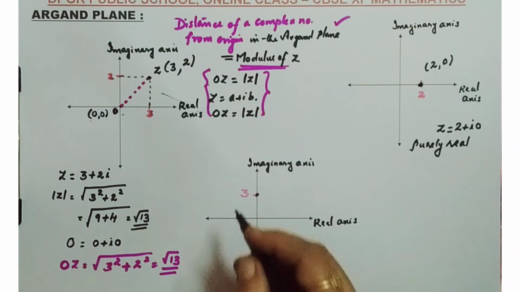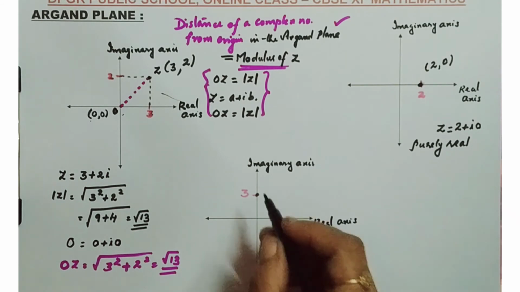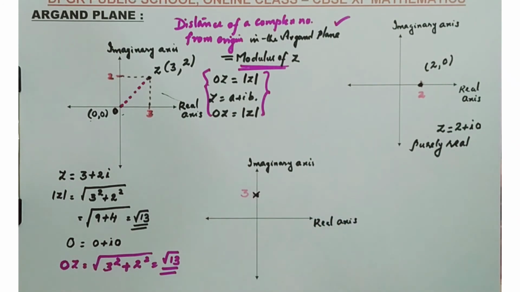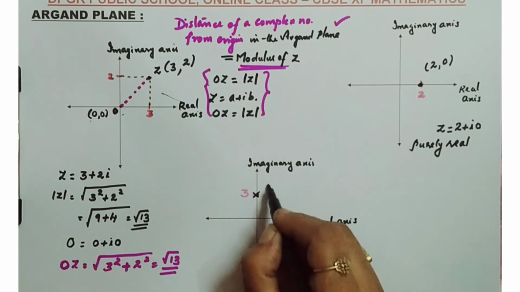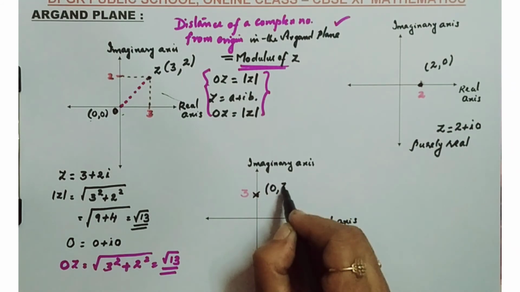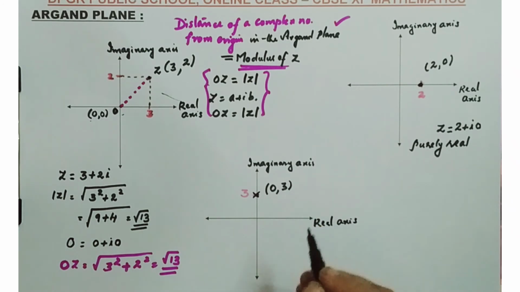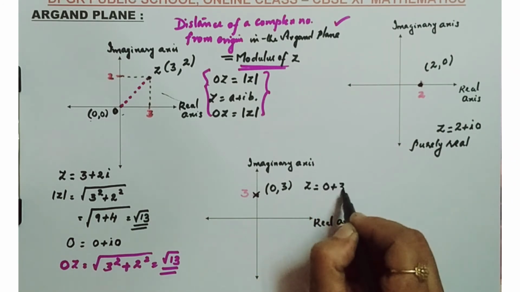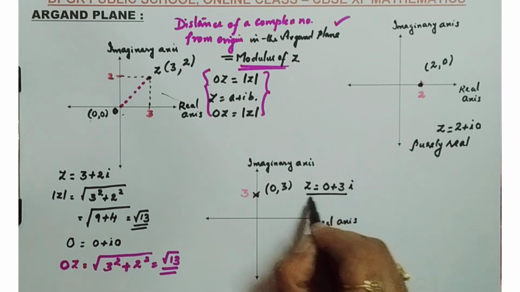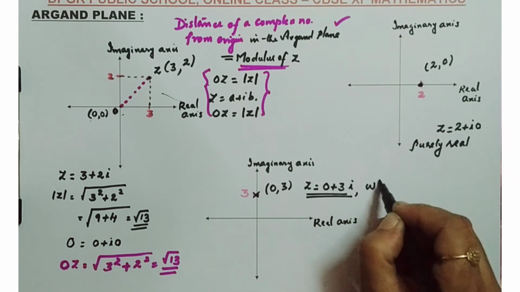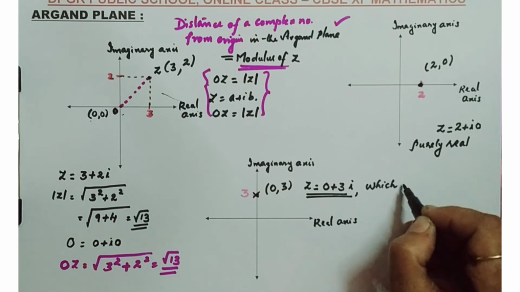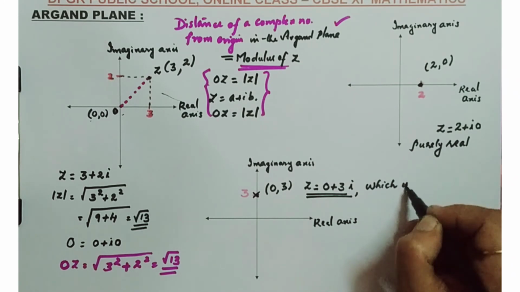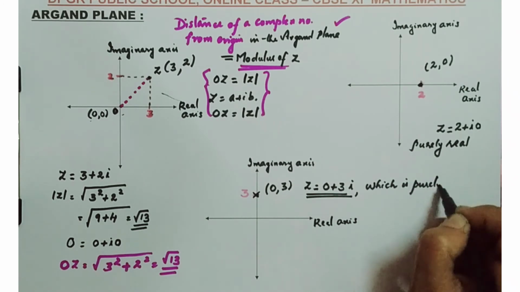In the same way, come to the imaginary axis. Here you can see a point 3 on the imaginary axis. Any point on the y-axis has its x-coordinate 0, and the y-coordinate is 3. This represents the complex number z equals 0 plus 3i, in which the real part is 0 and the imaginary part is 3, which is purely imaginary.